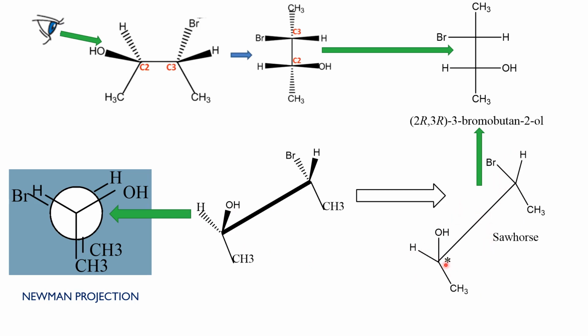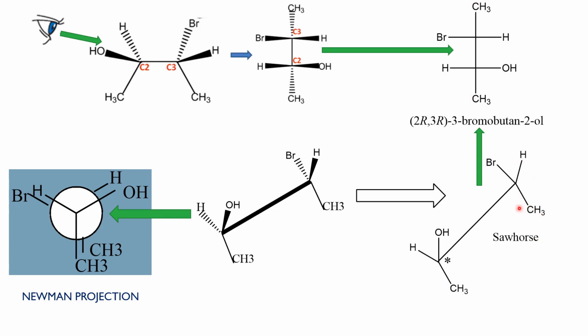And this is the near carbon. The starred carbon is the carbon nearer to the viewer. So this has to be kept at the bottom of the Fisher projection, and this should be kept at the top. The groups which are going away, going down in the Sawhorse projection should be kept in the vertical line. So the methyl, this methyl at the bottom and this methyl at the top.